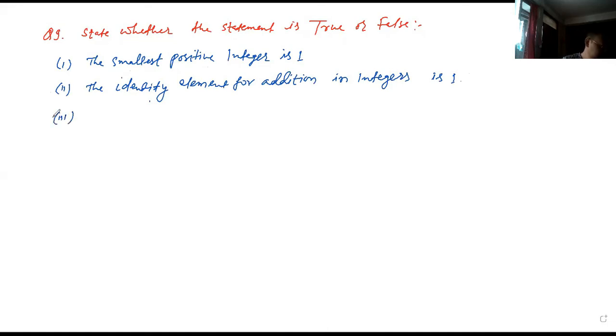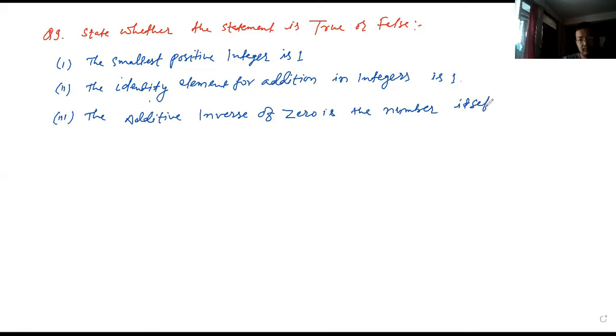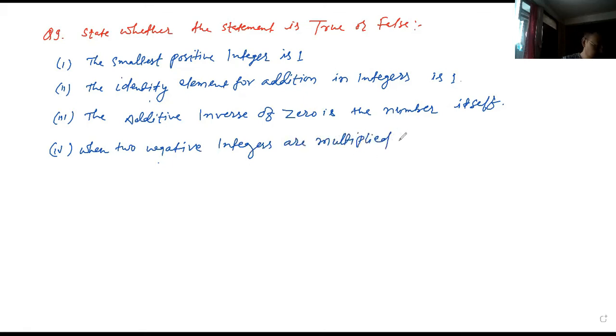Number 3: the additive inverse of 0 is 0 itself. Number 4: when two negative integers are multiplied, the product is also negative.